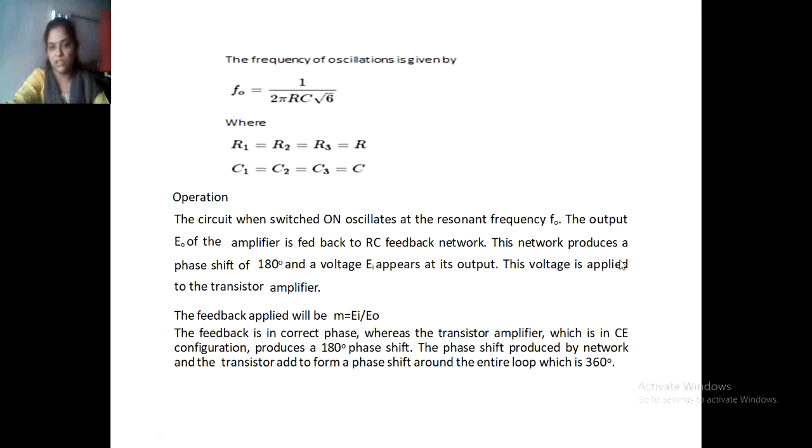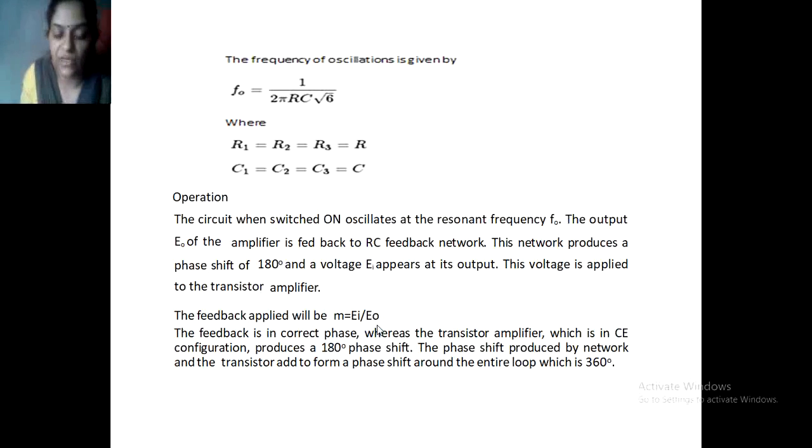This network produces a phase shift of 180 degrees and a voltage Er appears at its output. This voltage is applied to the transistor amplifier. The feedback applied will be m = Er / E0.